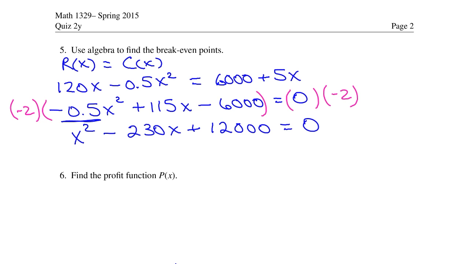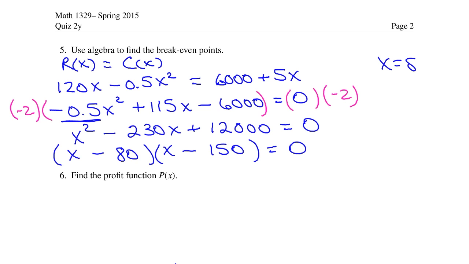And now you're looking for two numbers that multiply to give you 12,000 and add to give you 230. And that would be 80 and 150. So the break-even points occur when x is equal to 80 and when x is equal to 150.